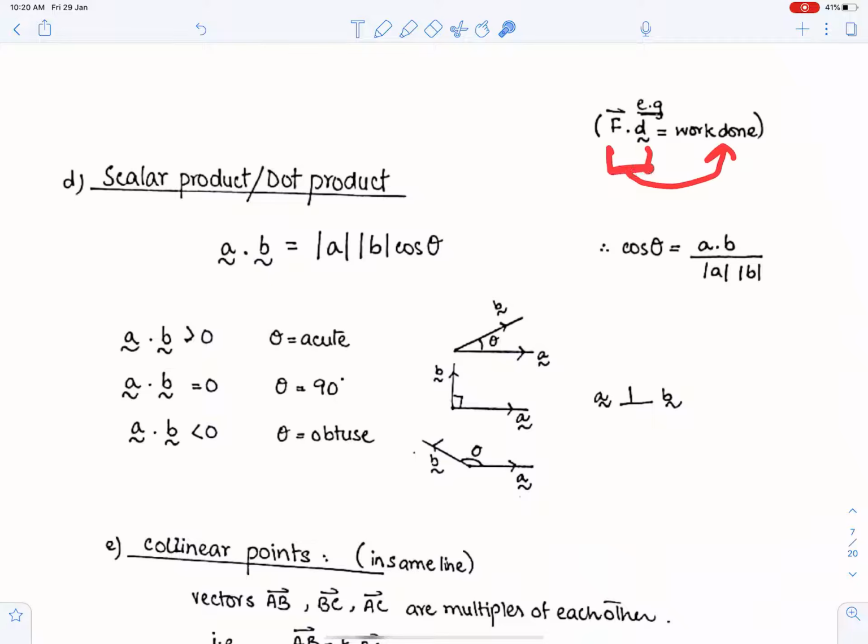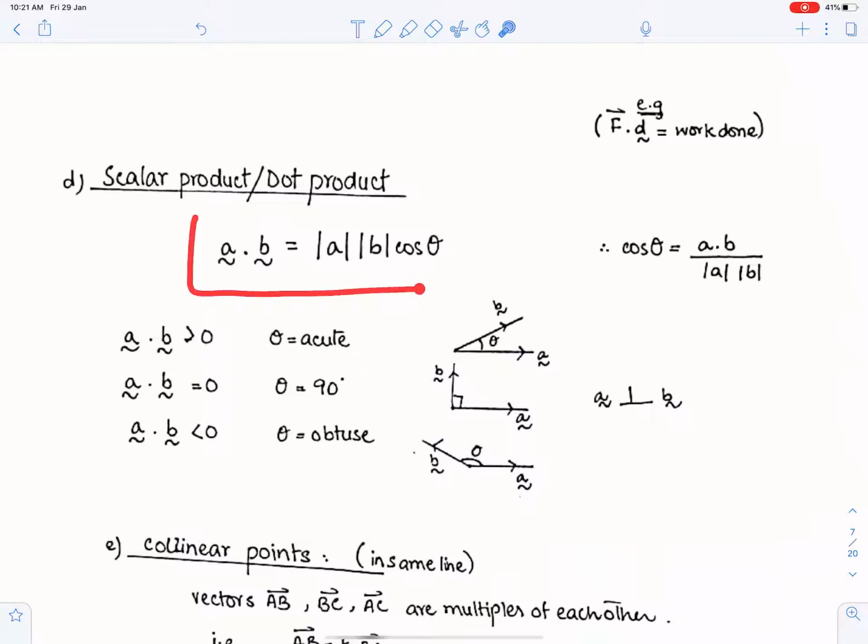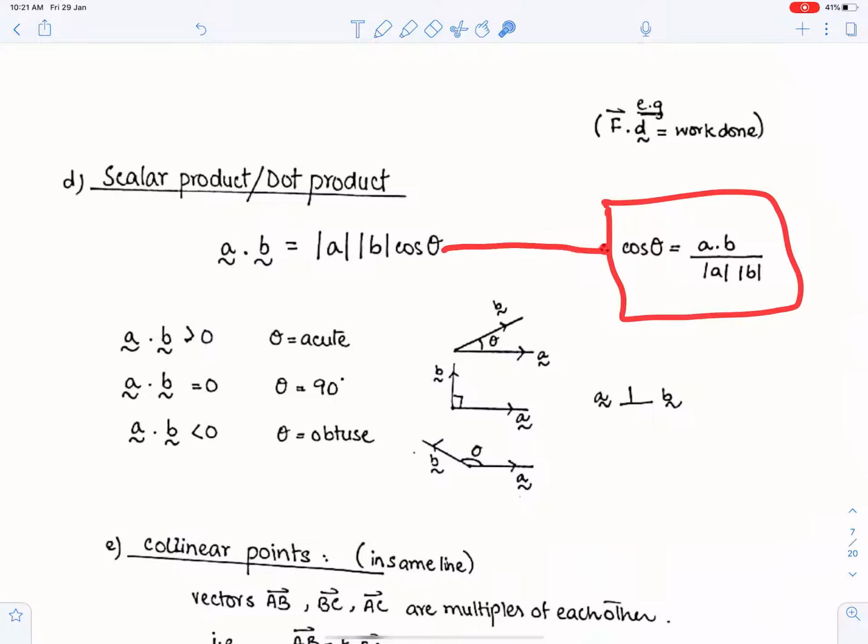When you get a scalar quantity through the product of two vectors, that product is known as the scalar product. Work done is a scalar quantity. Since we are multiplying two vectors, force and displacement, and we are getting a scalar quantity, work done, this product is known as the scalar or dot product. And this is the formula of the scalar product. A dot B is AB cos theta. And you can make cos theta the subject.